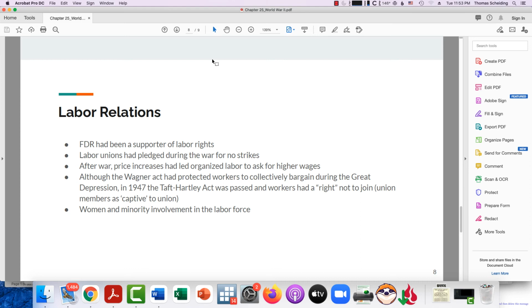After the war ends, organized labor, the unions wanted higher wages, which they didn't get. Interestingly enough, what union workers were given was health care.